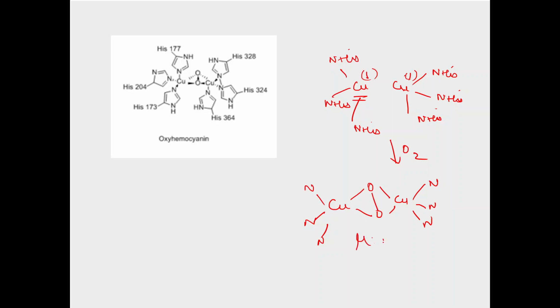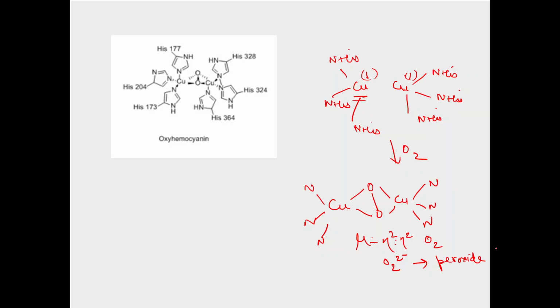So this is a mu eta 2 mode of coordination of O2, and here this O2 is present as O2 2 minus. O2 2 minus means it is a peroxide.